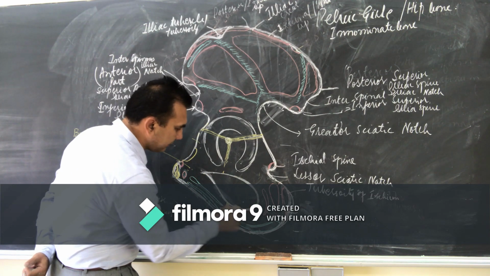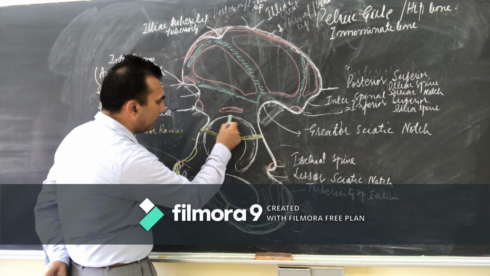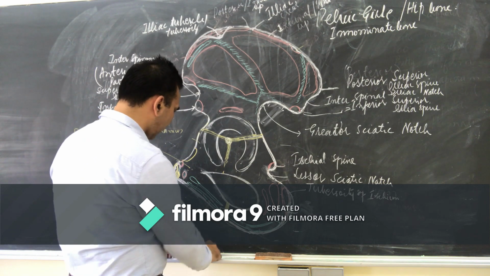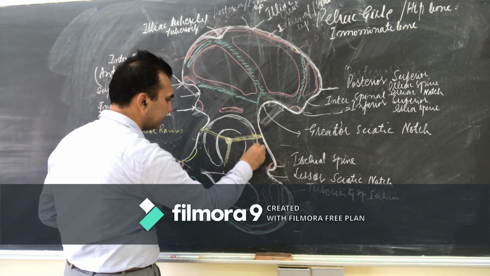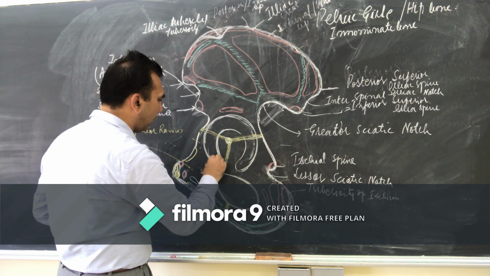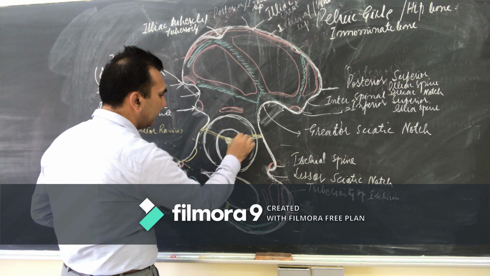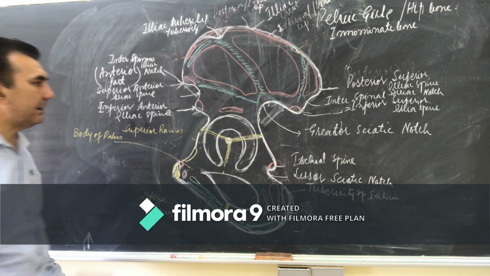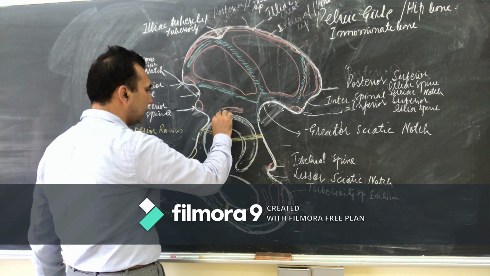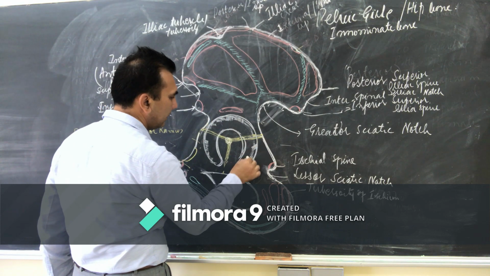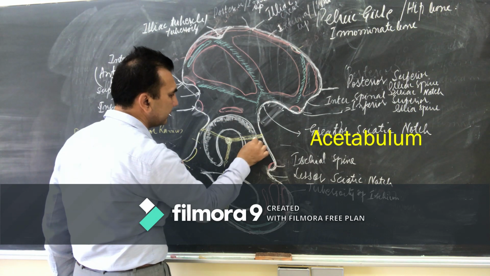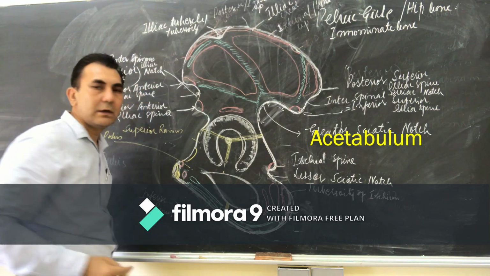Just in the middle of this bone, you are looking here, there is a cavity, and this cavity-like structure, which is present in the middle of this bone, is a socket.